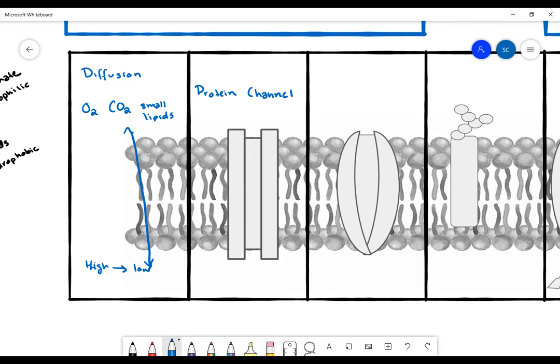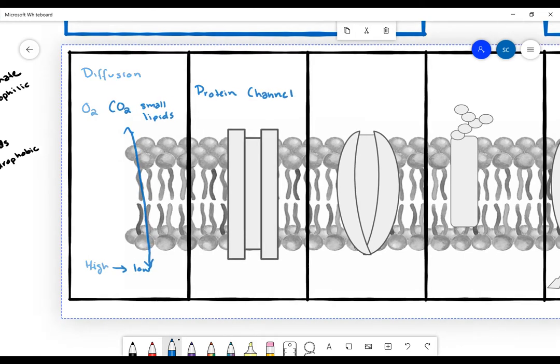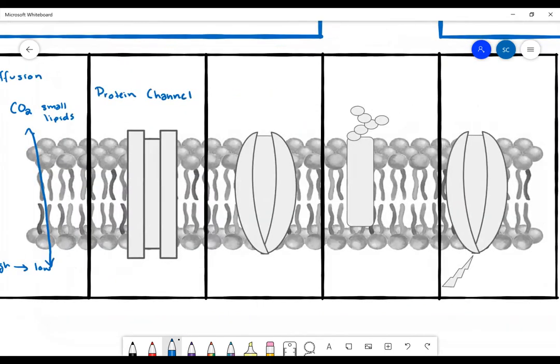And it just creates that space between the lipids so that hydrophilic molecules or water-loving molecules can pass through more freely. Again, these have to be pretty small molecules because the straw opening is not huge. So kind of the analogy we went through last time was you can't shove a blueberry through your smoothie straw. So it has to be a somewhat small molecule in order for it to be able to pass through.